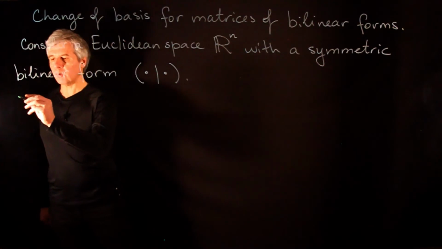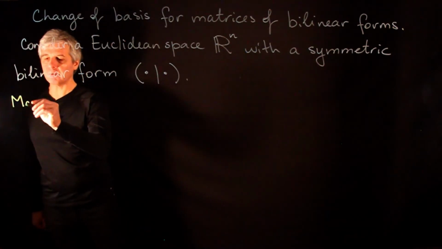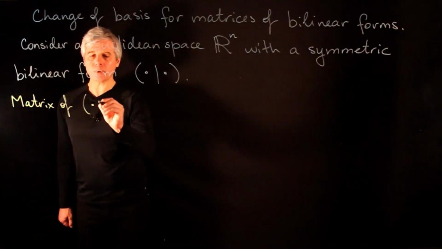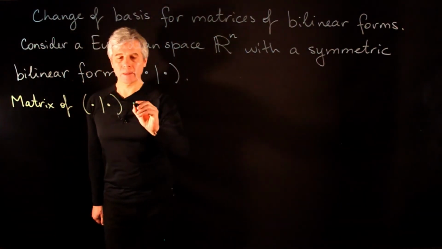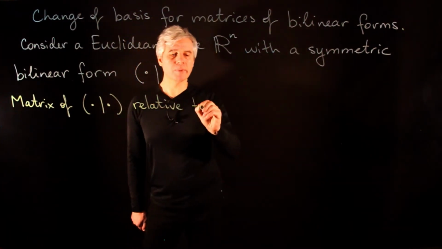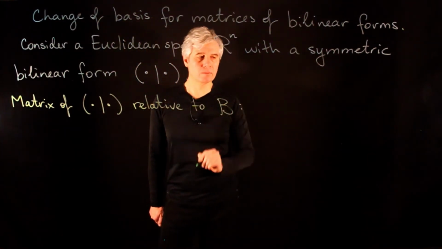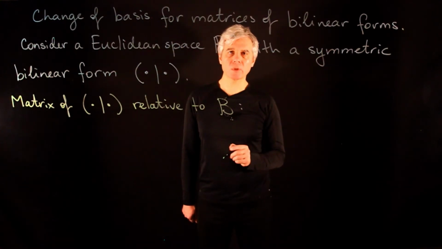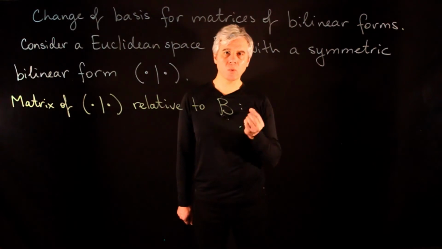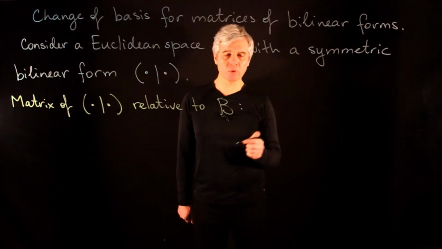Let us recall our construction of the matrix of this bilinear form relative to some basis b. Such a matrix will allow us to compute the values of the bilinear form using the coordinates of vectors relative to the basis b.